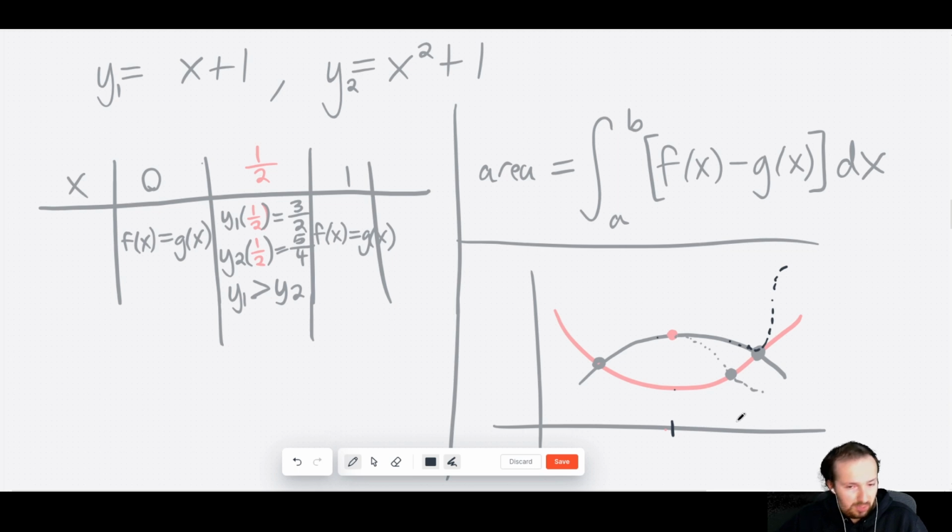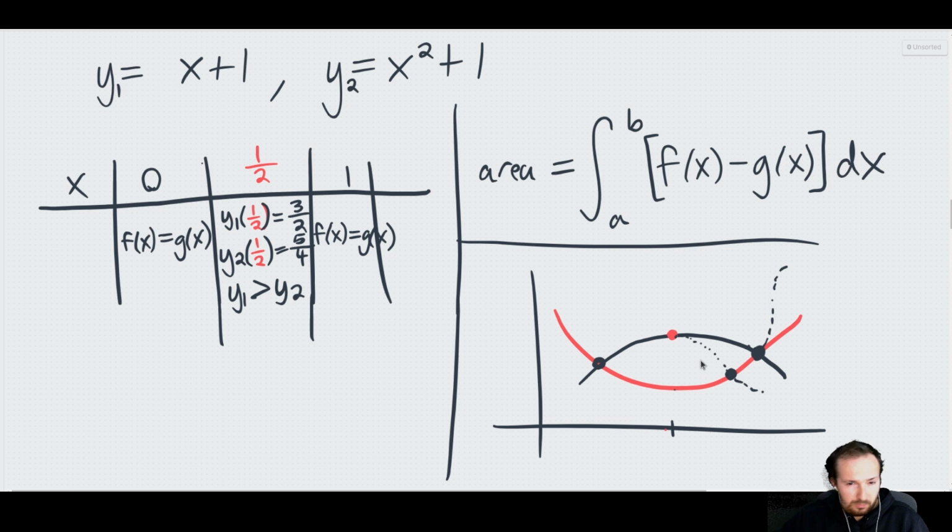And again, we still have no idea what these curves look like. You could graph these by hand if you wanted, but the key point is that you don't have to. You can solve this entire problem without ever knowing what the graphs look like, and that's a good skill to build. So which one's the greater one on this interval?